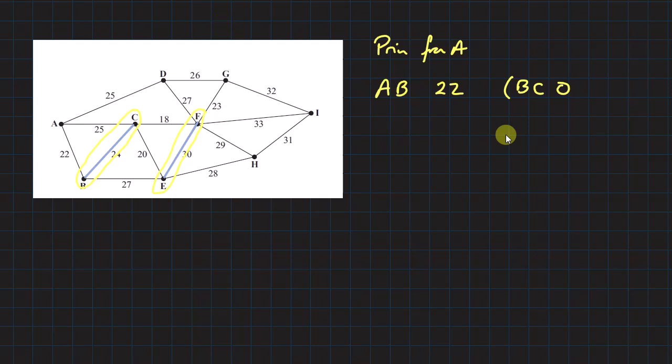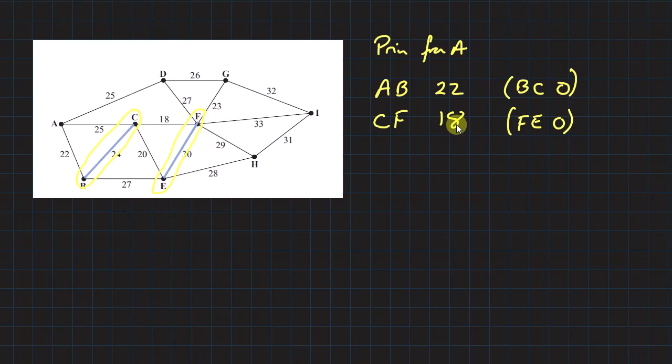Okay. Look at my next cheapest node. Well, CF is 18. So CF is 18, and that now gives me E as well, FE for 0, because they've already been connected.